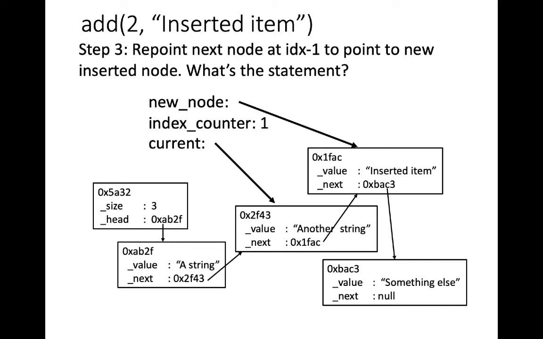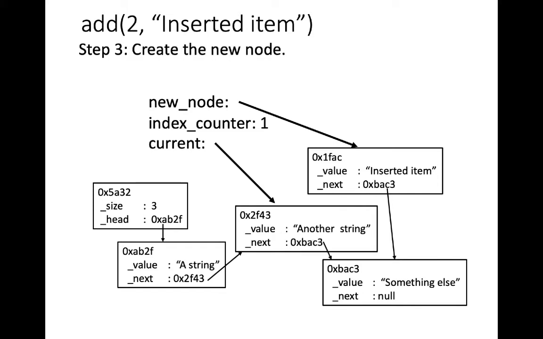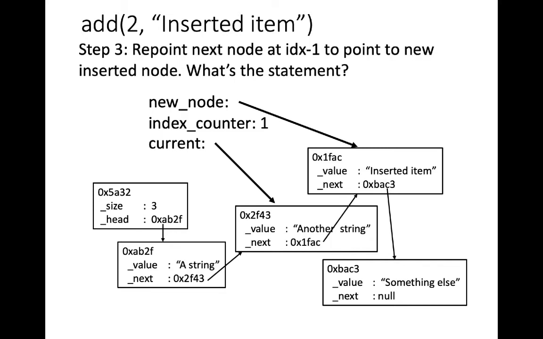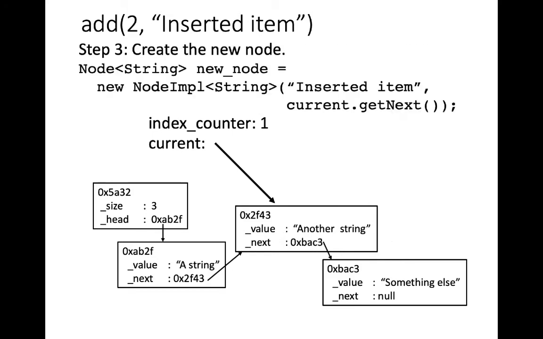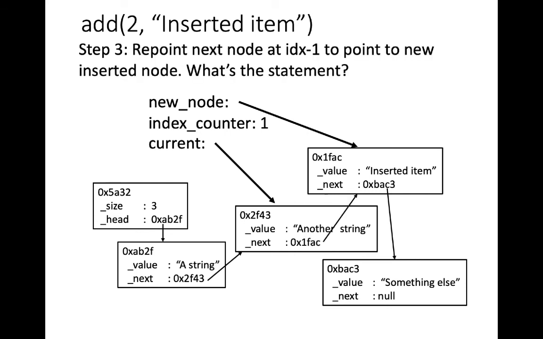So what is the line of code? What's the statement that will accomplish going from this to this? Basically, updating the node at hex 2F43 instead of pointing to the node at hex BAC3 to make it point to the node at hex 1FAC, right? How do I get that arrow to move? All right. Any ideas of what that statement is?